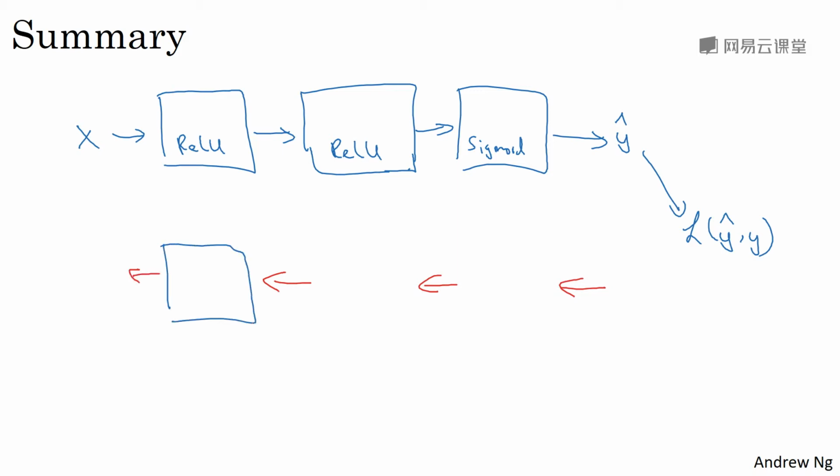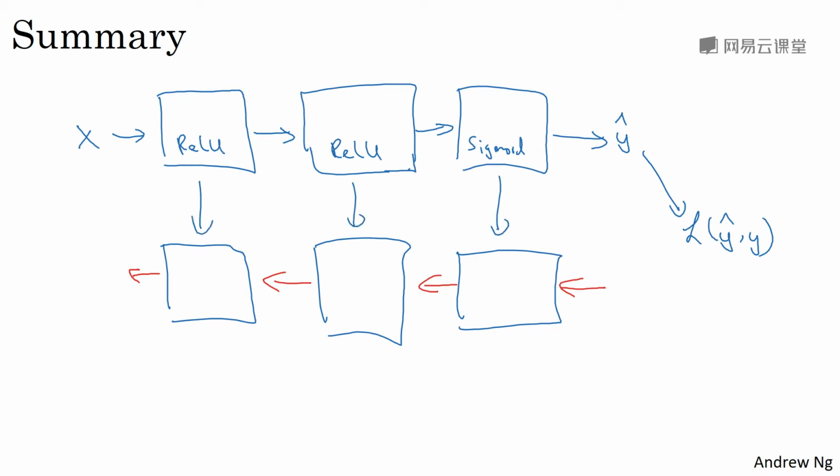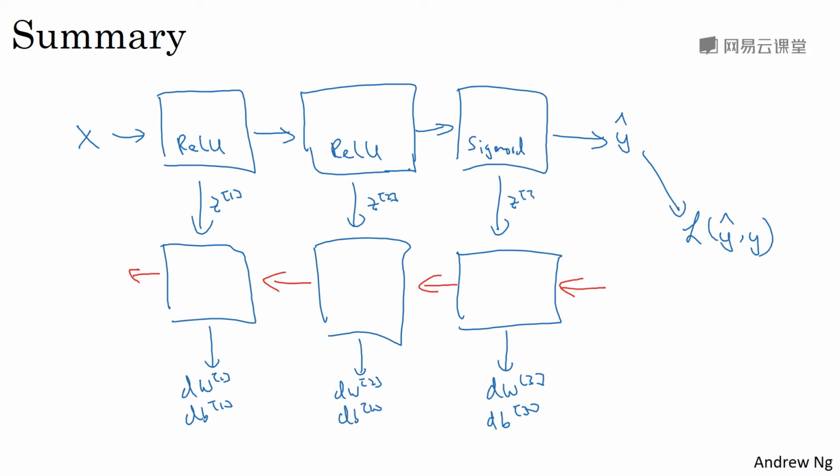Where you would then have backprop compute the derivatives, compute dW3, dB3, dW2, dB2, dW1, dB1, and along the way you would be computing, I guess the cache would transfer Z1, Z2, Z3, and here you pass back dA2 and dA1.